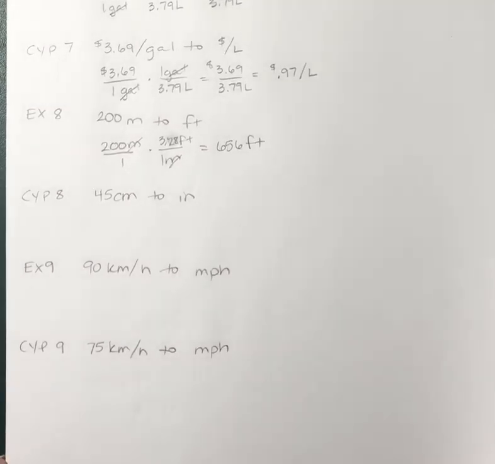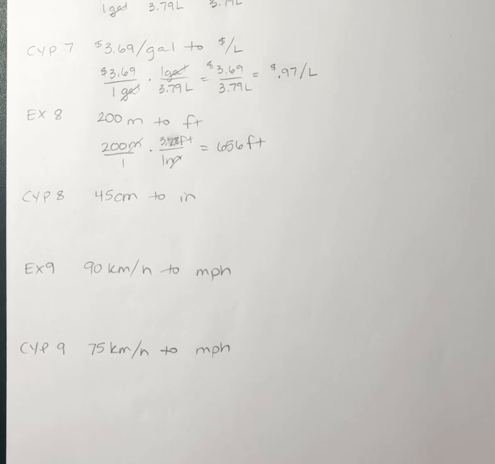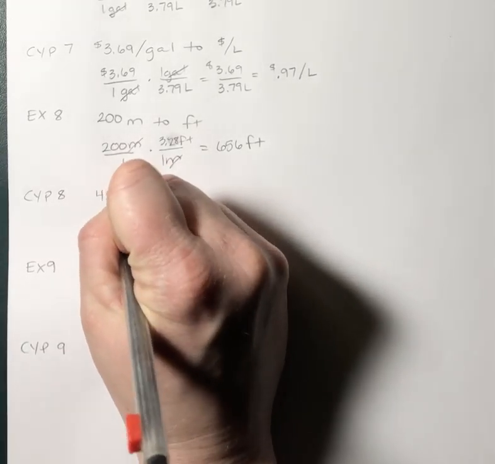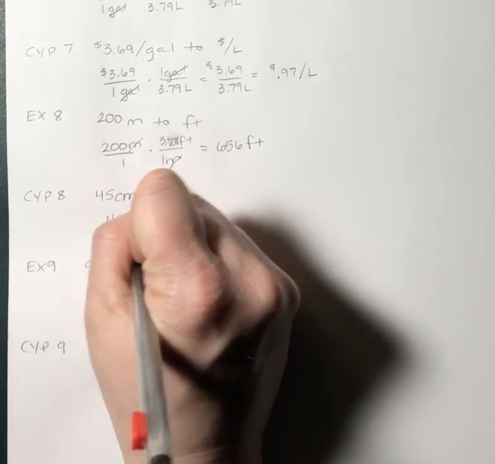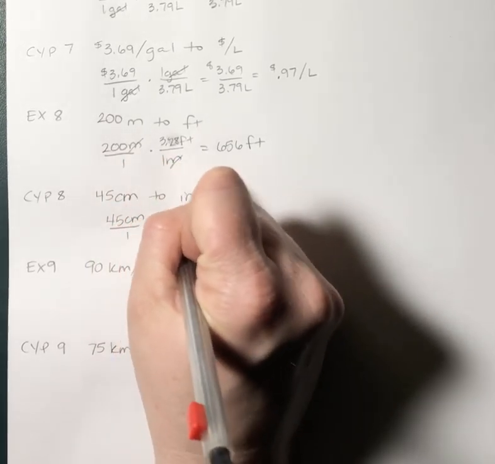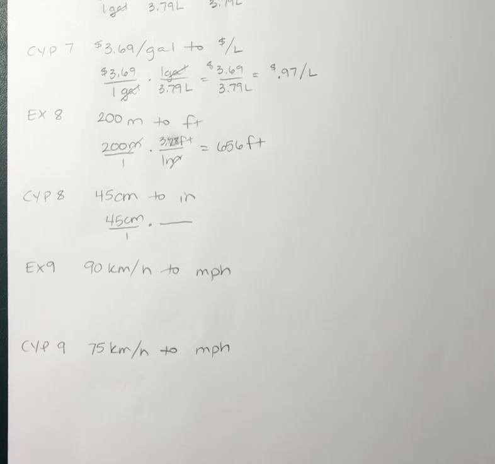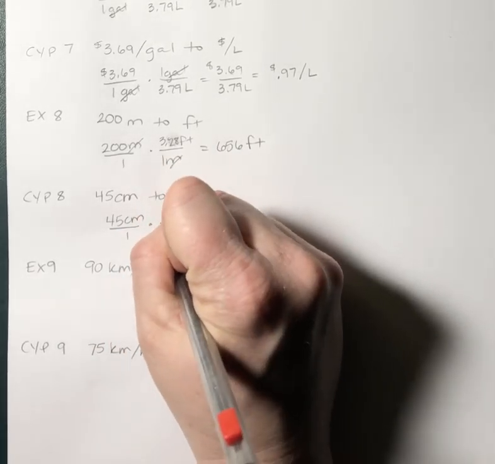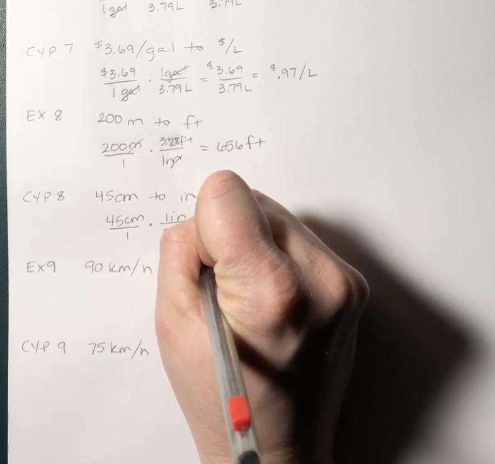All right. Check your progress 8. We are changing from centimeters to inches. So 45 centimeters. I can put this over 1. The conversion factor is that 1 inch is equivalent to 2.54 centimeters.